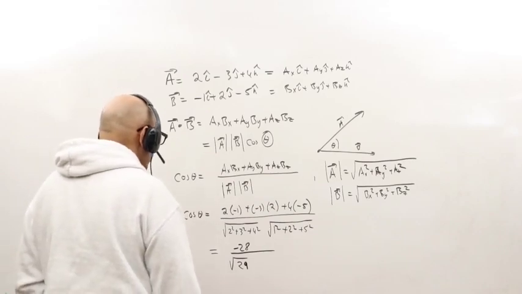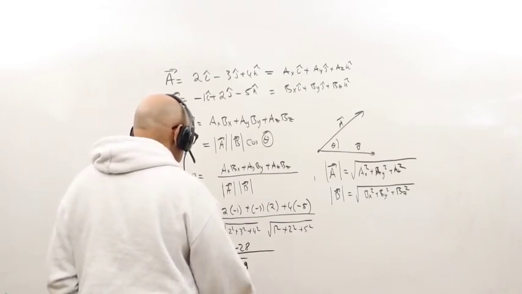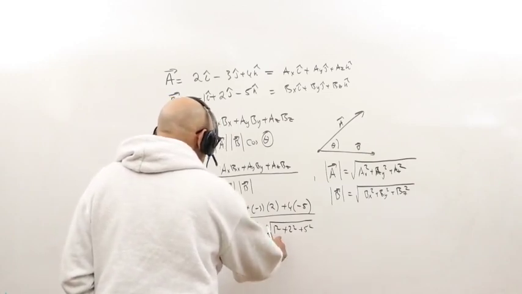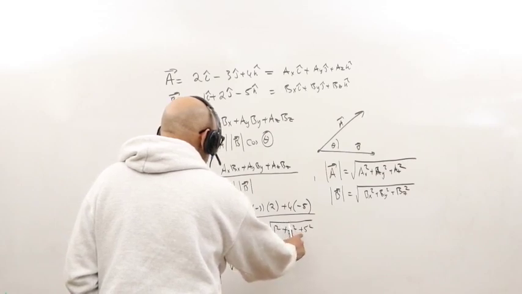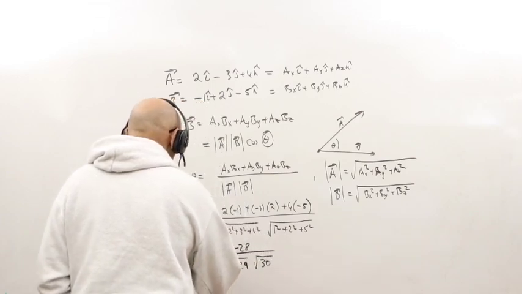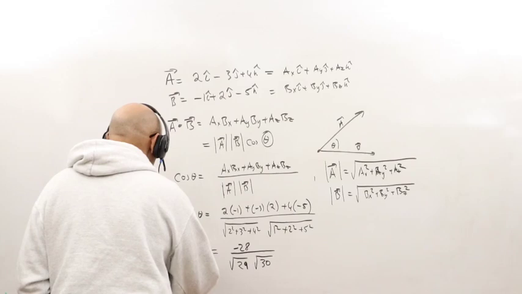And 1 squared plus 1 squared is 2, 2 plus 25 is 27. And so this is cosine of theta.